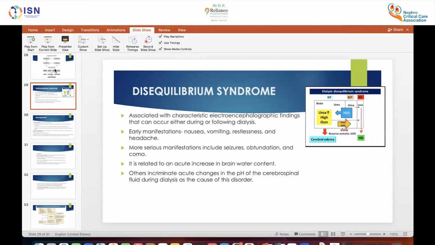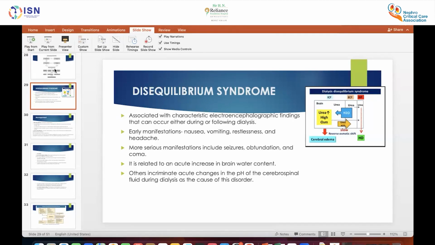So what do you mean by dialysis disequilibrium syndrome? It is basically a syndrome which is happening due to osmotic imbalance. Okay. So pH change happens, but more important than the pH change is the osmotic imbalance. Both can contribute.